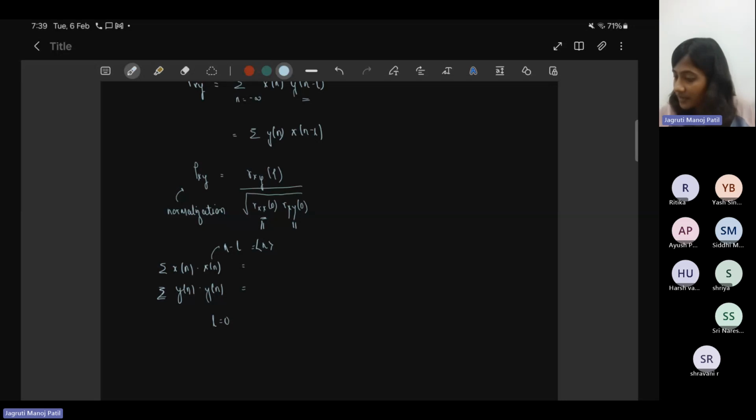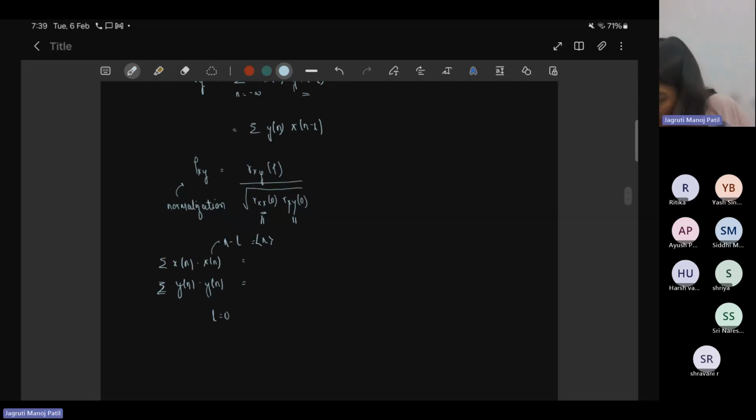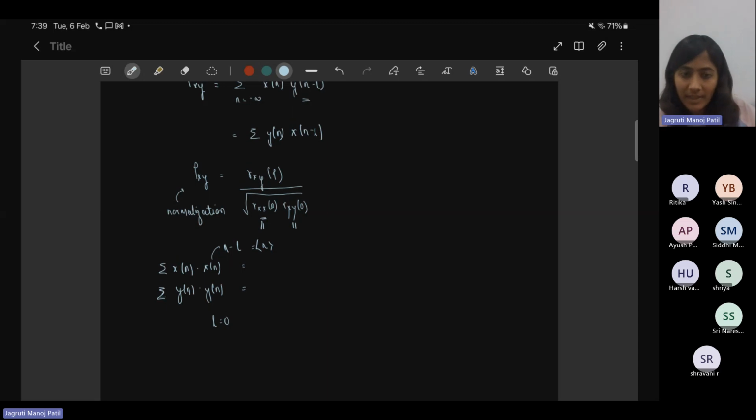I will cross check. If you take from -1 delayed, where will the 0 term be? 0.97, I guess. 0.97 perhaps.